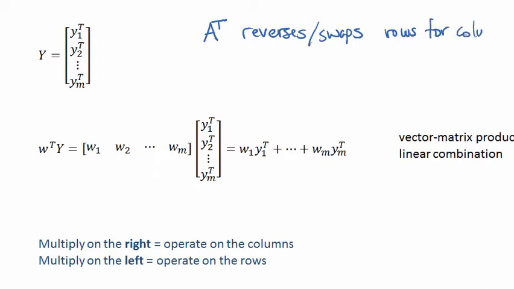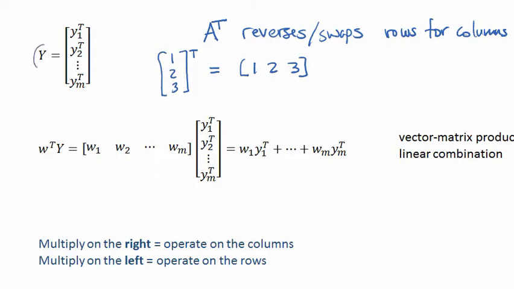In other words, what were rows before become columns, what were columns before become rows when you take a transpose. So if you take the transpose of a column vector 1, 2, 3, then it's just the row vector 1, 2, 3.